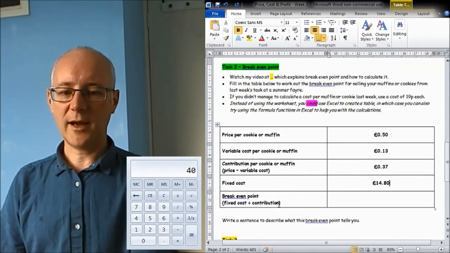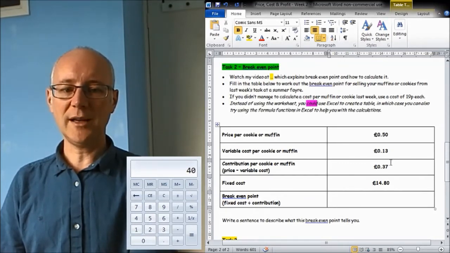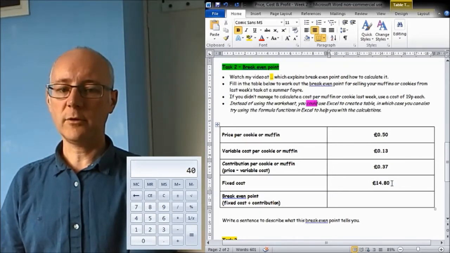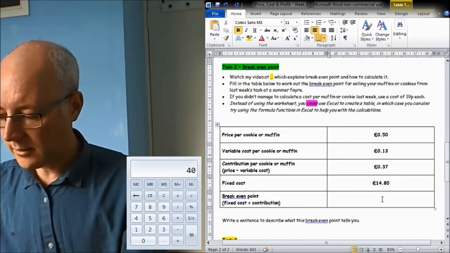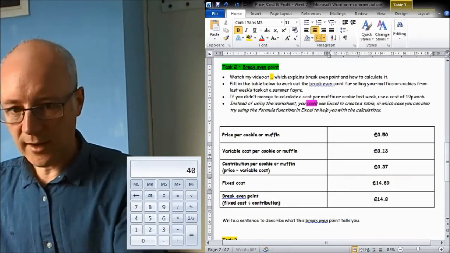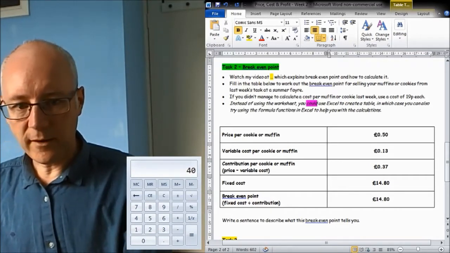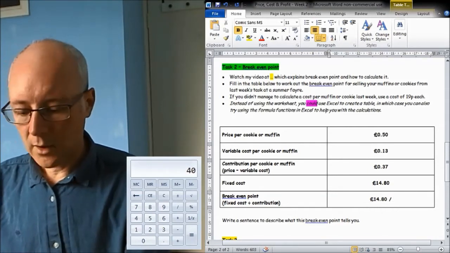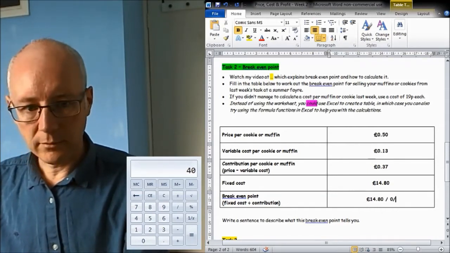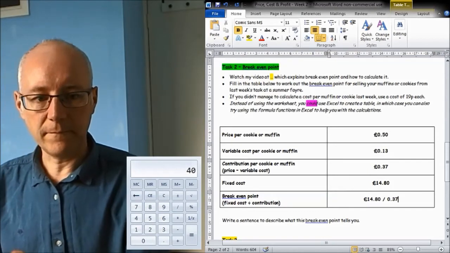And to work that out, I need to divide my fixed cost by my contribution. I need to see how many 0.37s fit into £14.80. So I need to do £14.80 divided by 0.37.